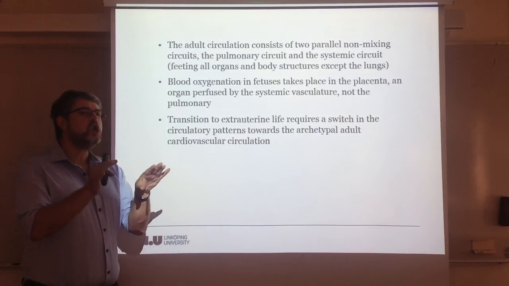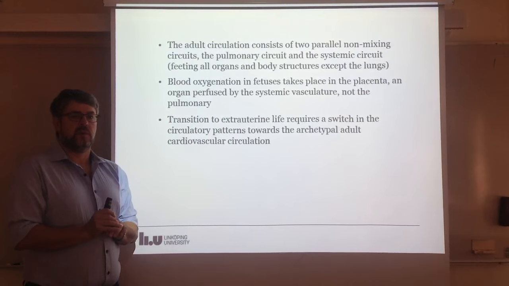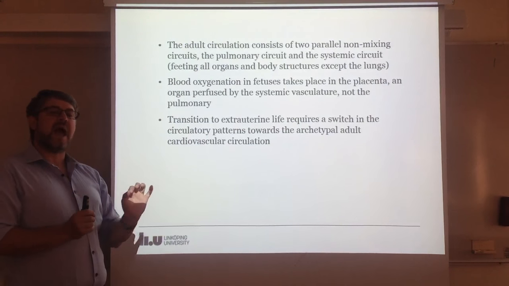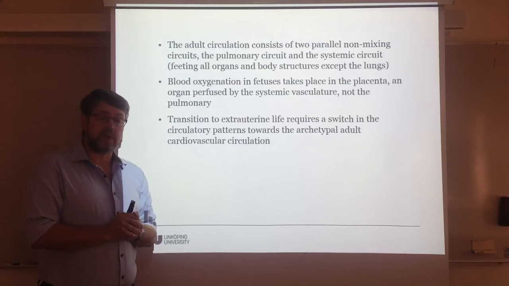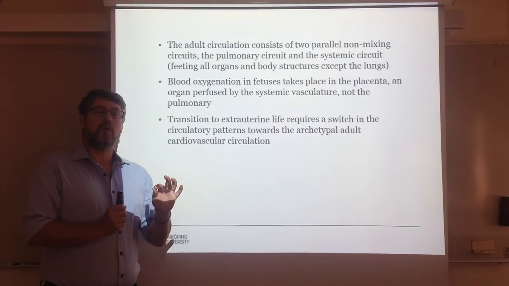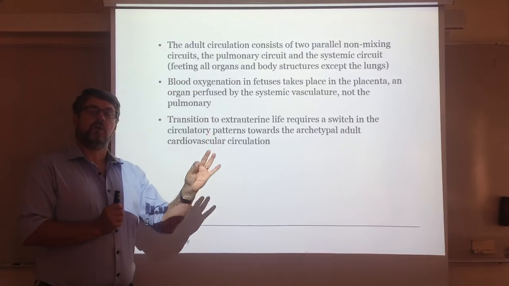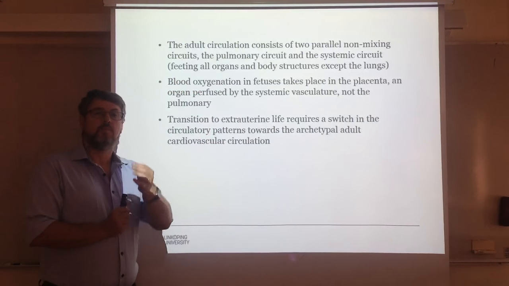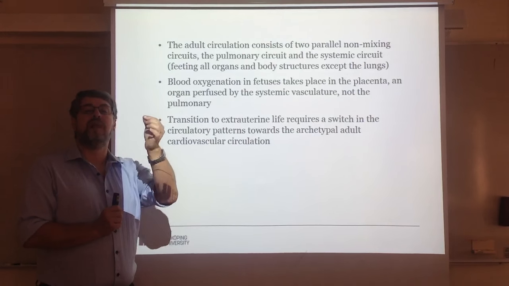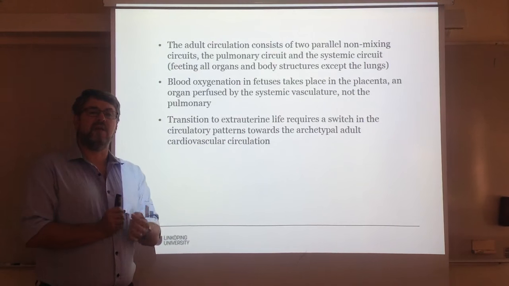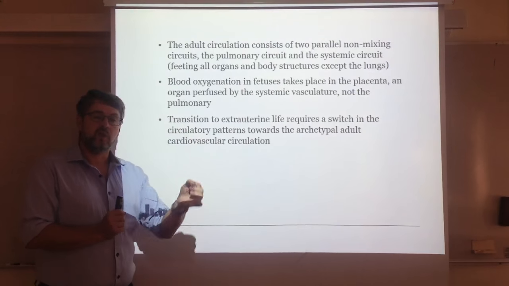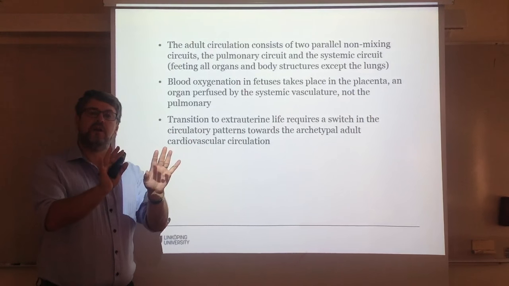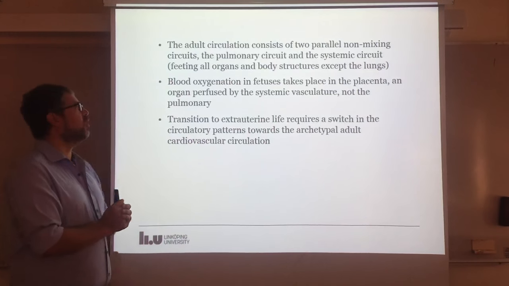So, two non-mixing parallel circuits, meaning that a red blood cell coming out of the right ventricle will first go into the lungs, return to the left atrium, be pumped to the rest of the body from the left ventricle, and then eventually come back to the right atrium to go back into the lungs again. These are two parallel circuits that are not mixing with each other.